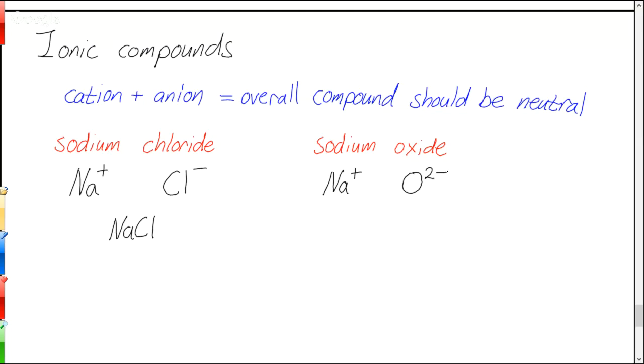They don't cancel out. The charges don't balance. We've got +1 from the sodium, but the oxygen is -2. So what do we do to make them equal? Yep. So we need to double the amount of sodium here. And sometimes it's helpful to just draw it out like it's separate pieces like this. So you can see now there's 2 sodiums. That overall positive charge is +2.